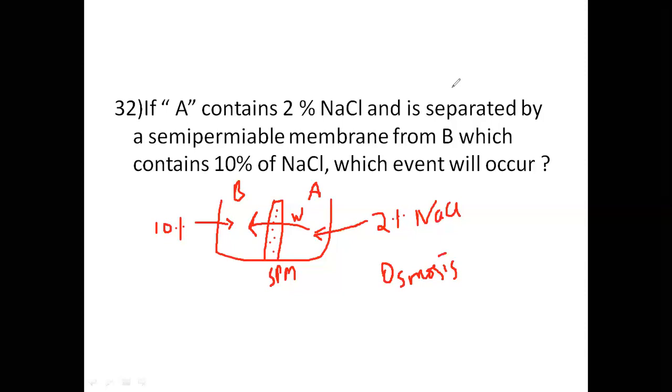This is for the volume of the solution I need. Mass of the solution is given out. I want the volume of the solution. Mass is 100 gram divided by V of solution is equal to density. Density is 1.04.